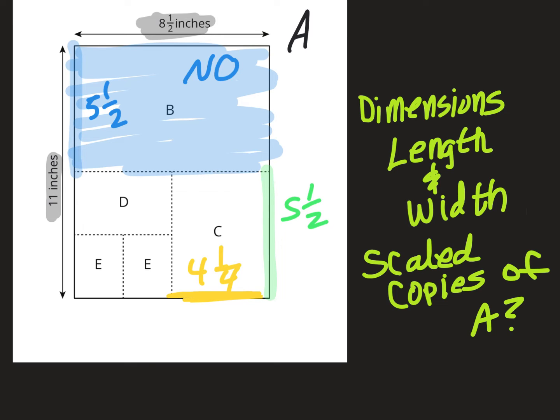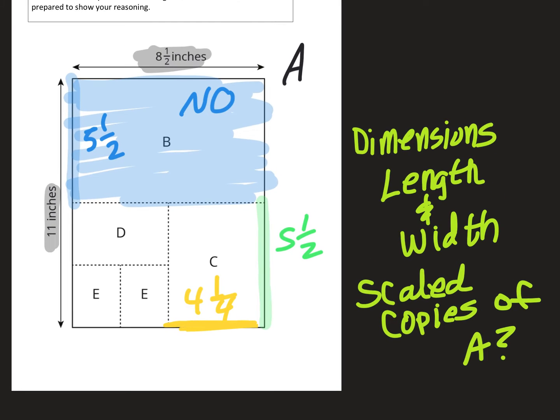Okay, so I'll go ahead and tell you that C is a scaled copy. But you know I don't care about the yes or no. What is the scale factor? If we already know that it's a scaled copy, what's the scale factor for C? 1/2.